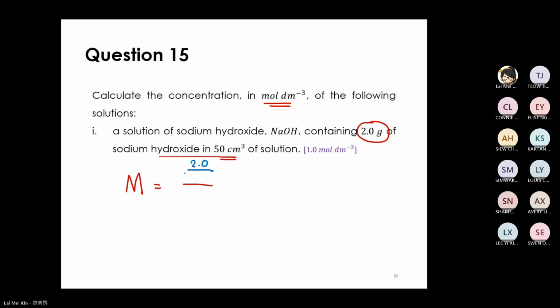What is that? 0.996. Okay, thank you. And then the volume, what about the volume? 0.05, because centimeter cube, change to decimeter cube. So what do you get? Exactly, 1.0. Thank you. Mole per decimeter cube.